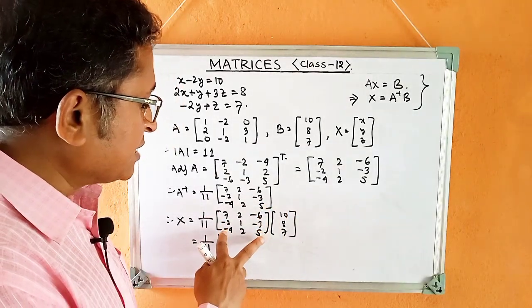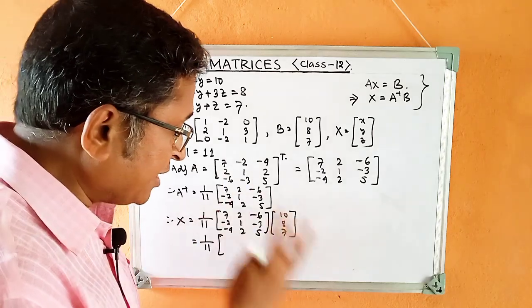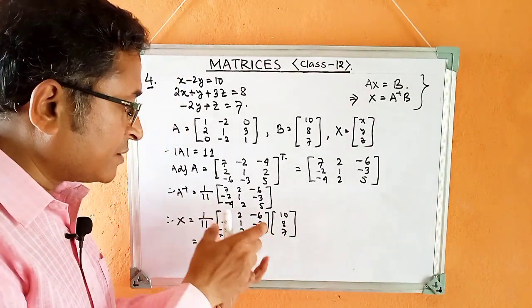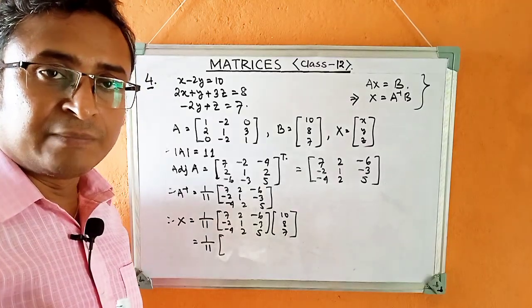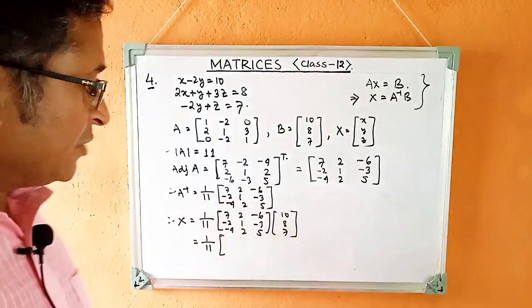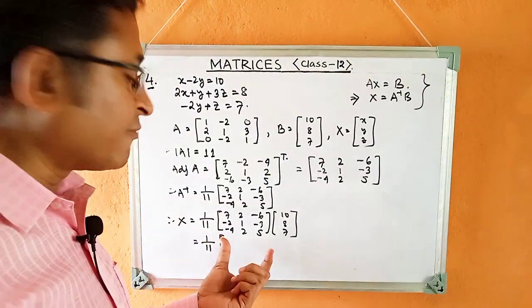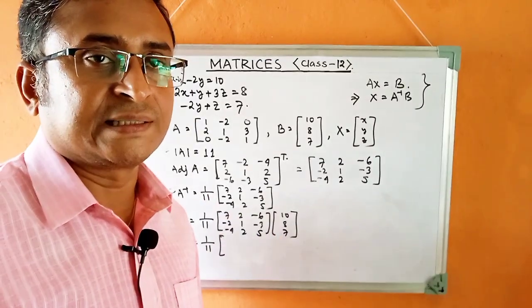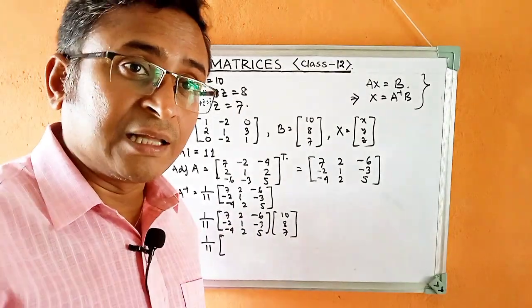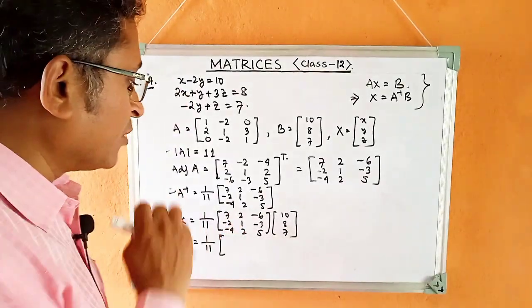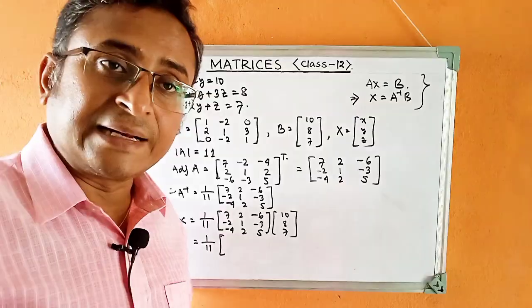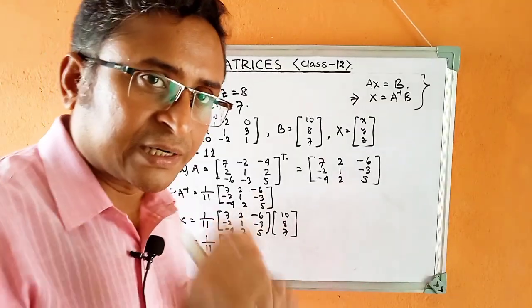So what is the main condition? Listen carefully. The column number of the first matrix is equal to the row number of the second matrix. If they are equal, then the matrix product is possible. Here column number of the first matrix is 3, row number of the second matrix is 3. So 3 equal, so matrix product is possible.